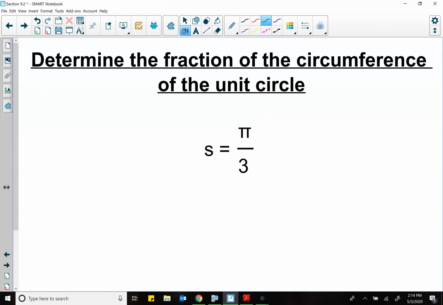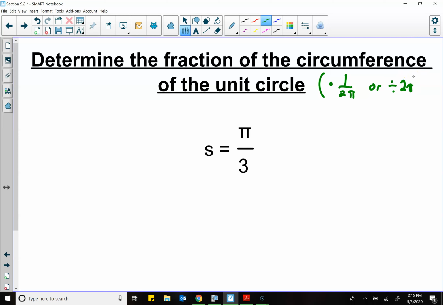So in order to get to this answer, all they're really wanting you to do is take the radians that you got here, and they want you to multiply it by 1 over 2 pi, if you're thinking like a fraction, or just take this and divide it by 2 pi.